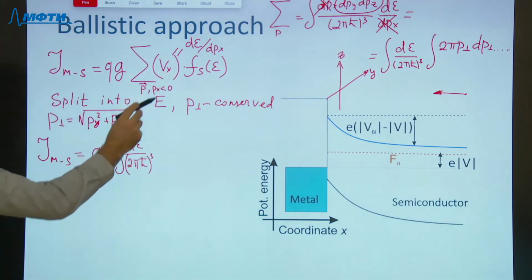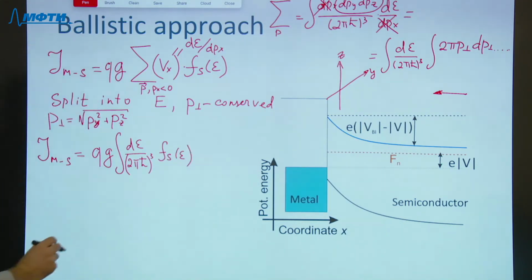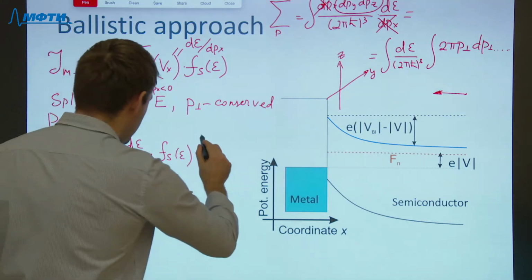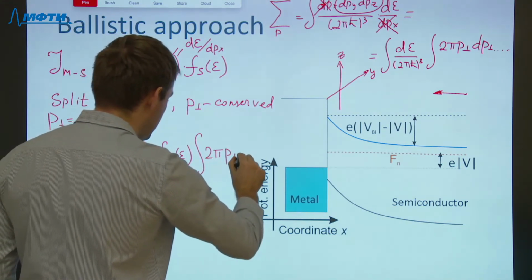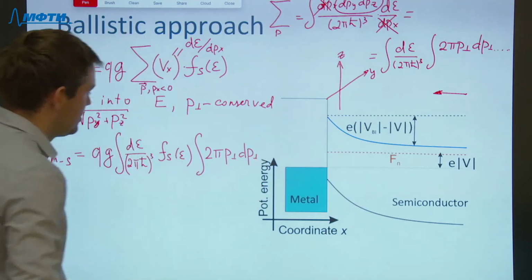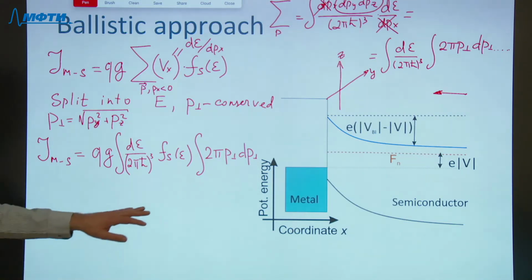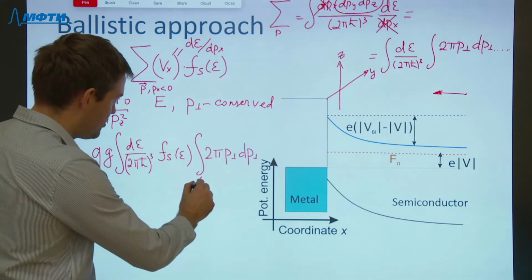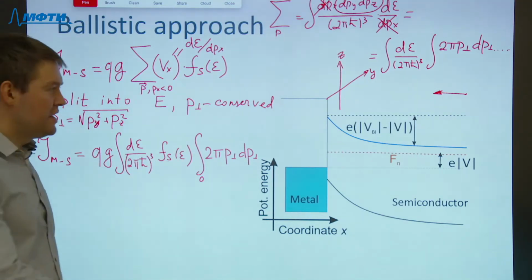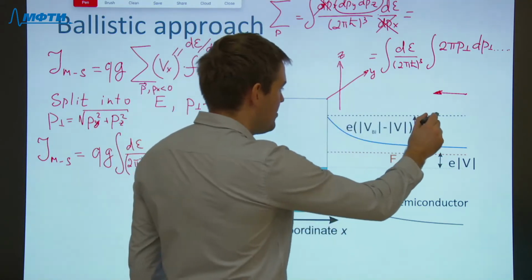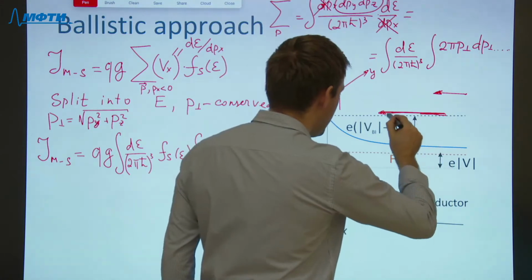The distribution function depends only on the energies, so it can be factored out, and we need to integrate over the transverse momenta, 2 pi momentum d momentum. The transverse momentum can range from 0 to some value at given total energy. This value at given total energy would actually be determined by which particles can pass through the barrier.